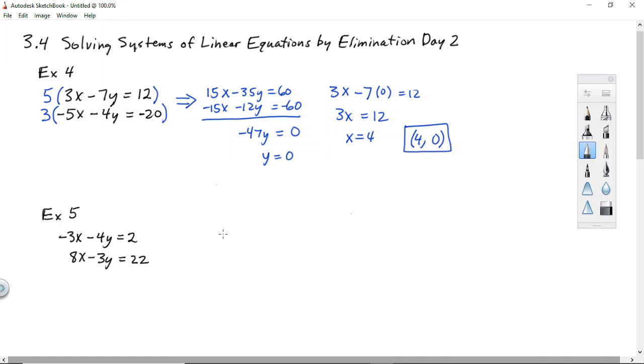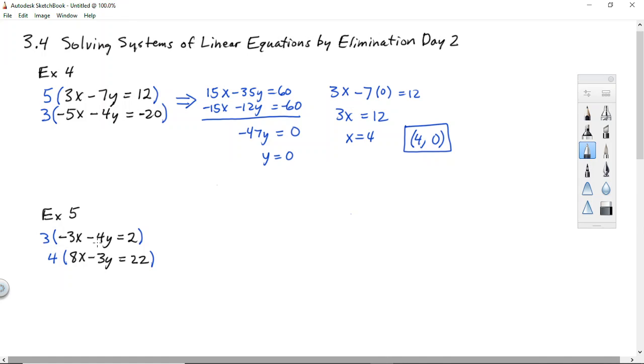Okay, we'll look at one more. And there are choices we could make. There are different ways to do it. But the simplest way for this one seems to be to look at the y. We're going to get rid of the y terms. So we'll multiply the top one by 3 and the bottom one by 4, but this time one of those has to be negative, right?